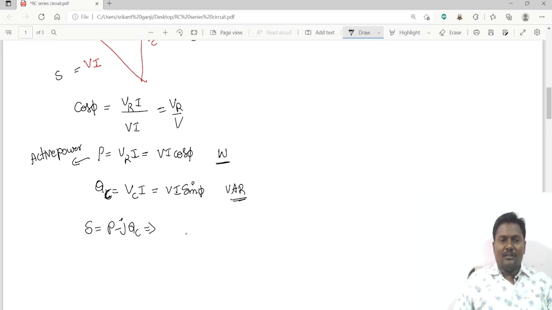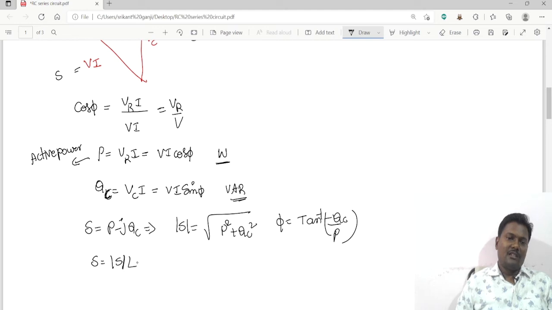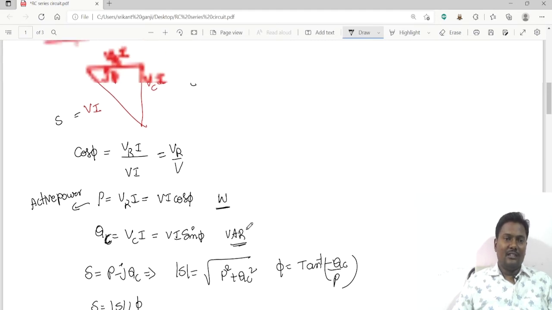If you want to calculate the magnitude, it is the square root of P square plus QC square, and the angle is tan inverse of the imaginary part, minus QC divided by P. So S can be written in polar form, S at an angle of phi. That phi you should get as negative in this case.